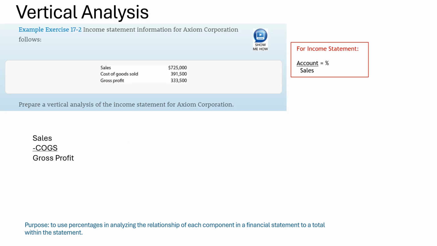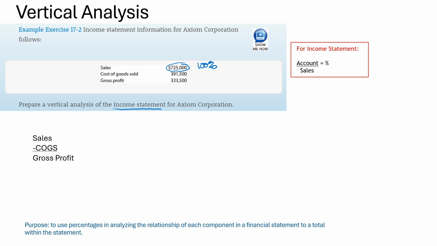Now we can do a quick example of vertical analysis, and this will be for an income statement. So remember, with an income statement, our base amount will be the revenue or sales, and that is what will be equal to 100%. So based on the information that you see here, prepare a vertical analysis of the income statement for Axiom Corporation.